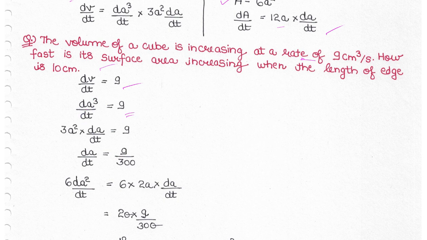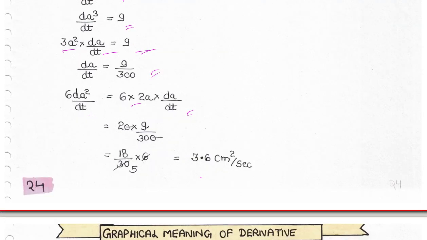If we differentiate this thing, we get 3A square into dA/dt is equal to 9, or dA/dt is equal to 9 by 300. Okay, d(6A square)/dt is equal to 6 into 2A into dA/dt. If we put this value, we have 3.6 centimeter square per second.